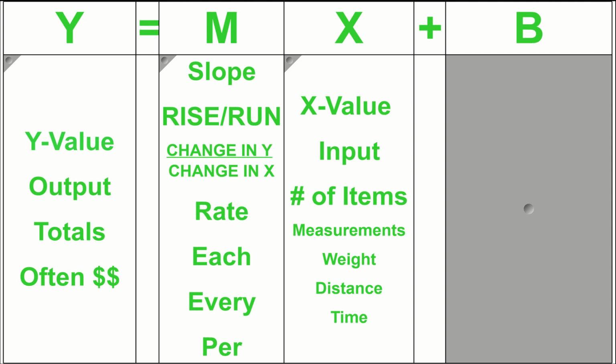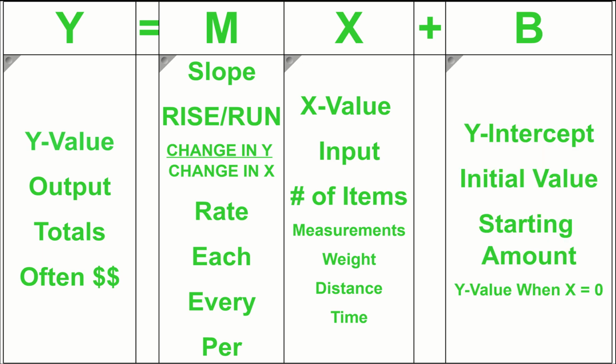Okay. And then y-intercept, the b, that's our y-intercept. Y-intercepts are initial values or starting amounts. They're whatever the y value is when that x value is 0. So if a problem asks you for the initial something or the starting something, that means it's talking about the y-intercept.